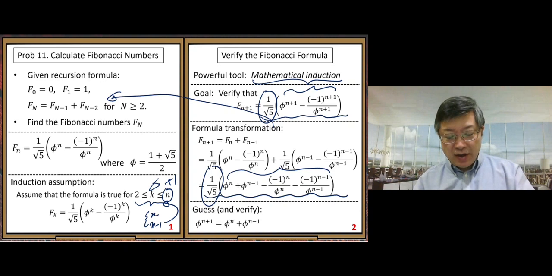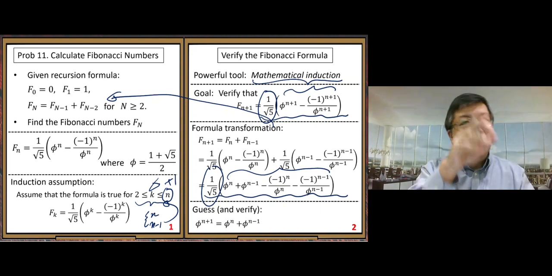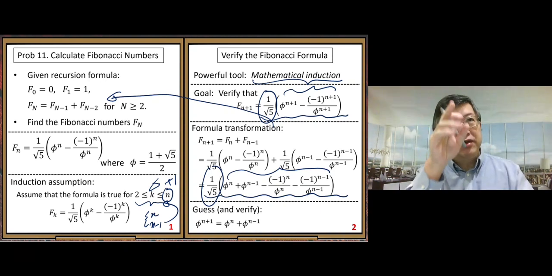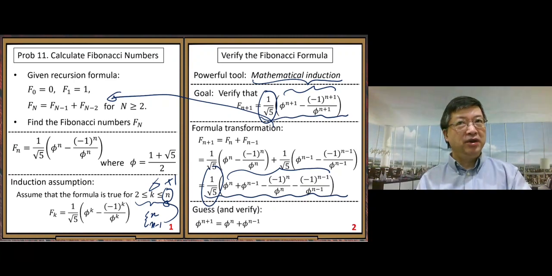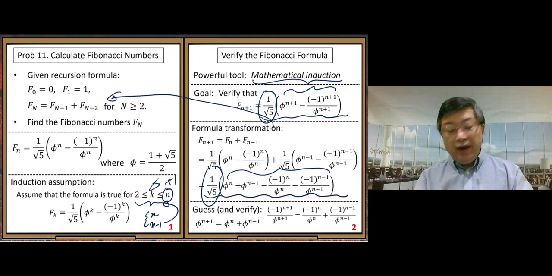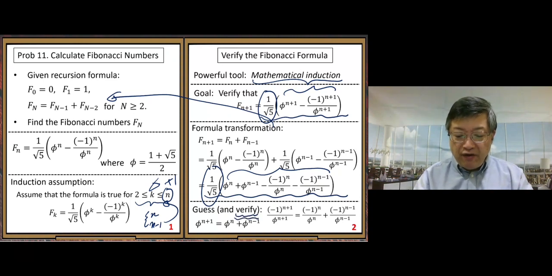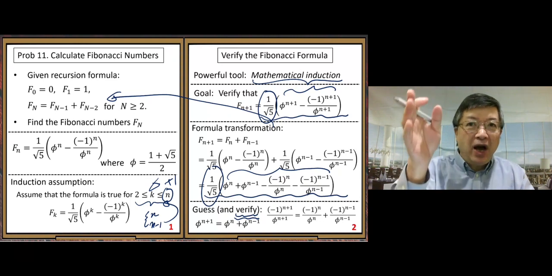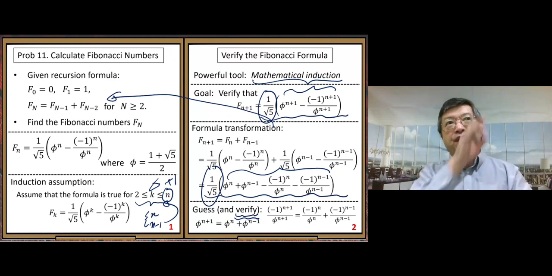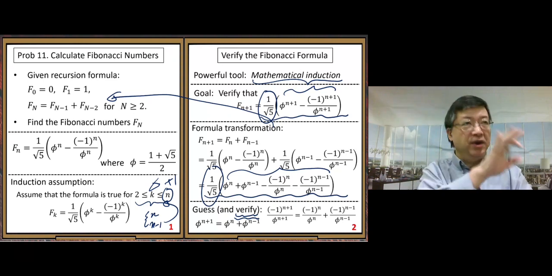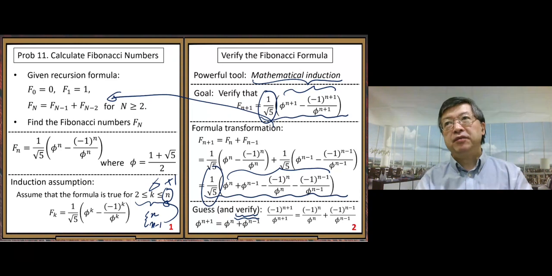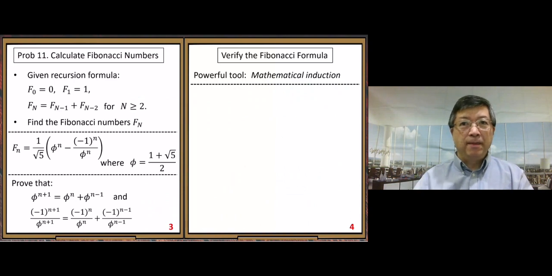Okay, so our guess should be like this one. Phi to the n plus 1 equals phi to the n plus phi to the n minus 1. That's the monomial terms comparison. Fractional terms comparison, we have this one. But that's the guess part. We need to verify it. So in our next slide, we will verify whether these two formulas are correct or not. If correct, we prove it. All right, so let's do the work in the next slide.